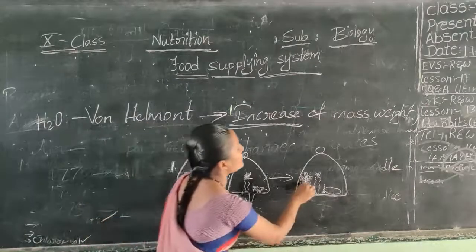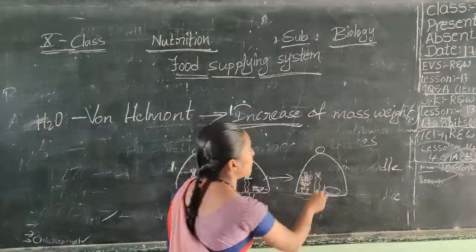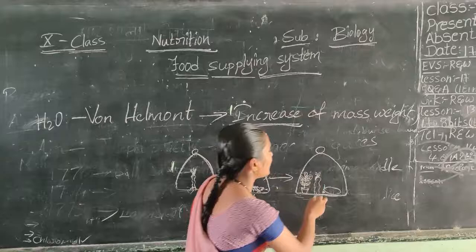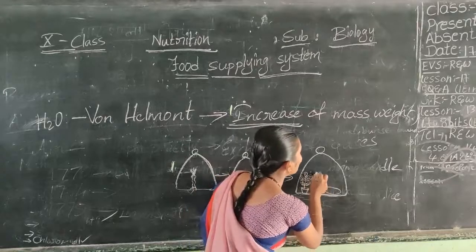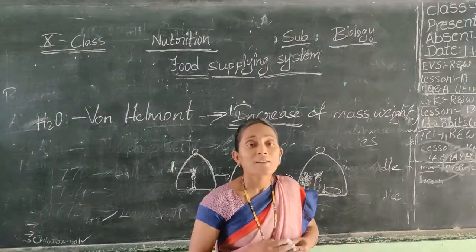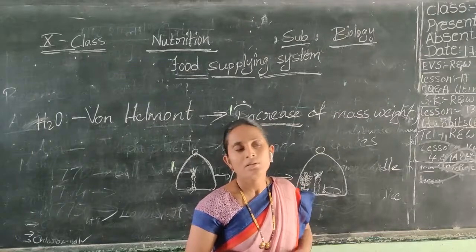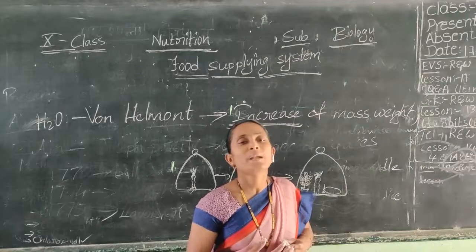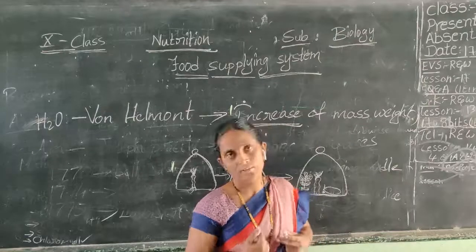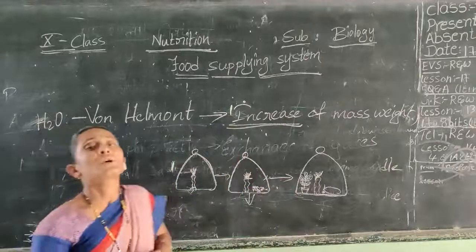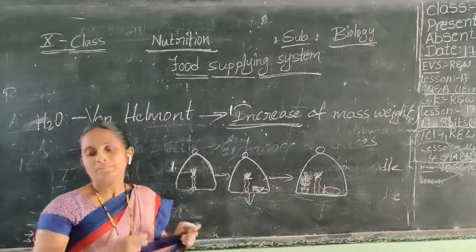When the potted plant releases oxygen, the candle is able to burn continuously, and the mouse also survives in a live condition. So he concluded that an exchange of gases takes place inside the bell jar. This was done by the scientist Joseph Priestley.